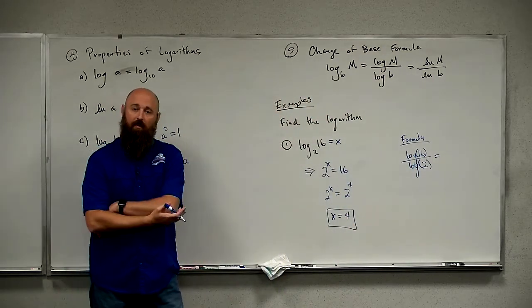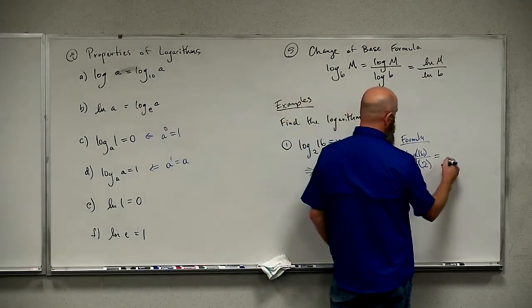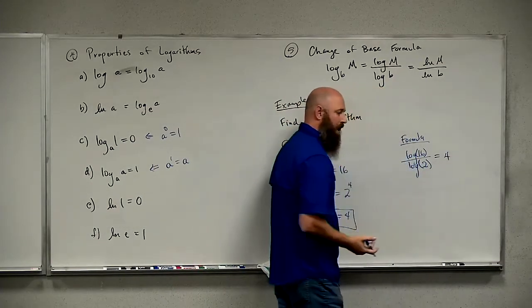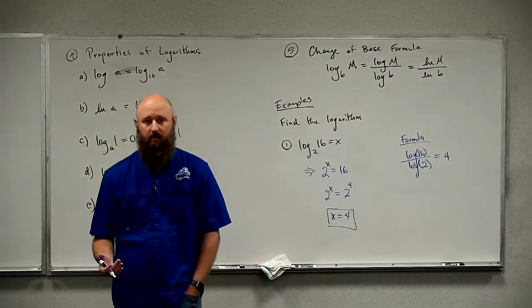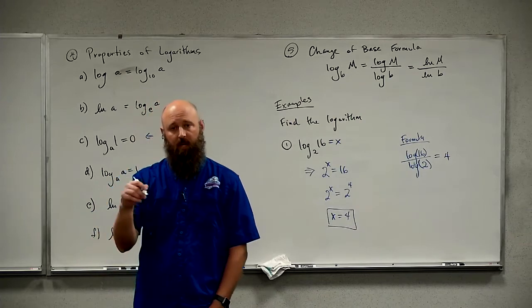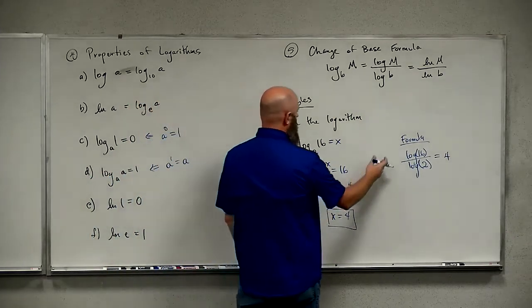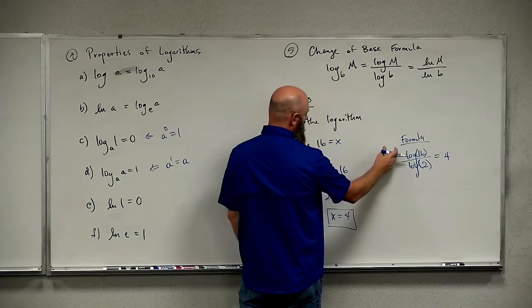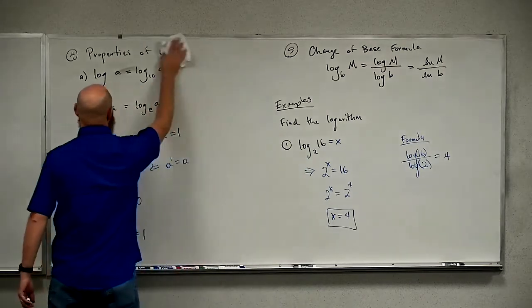If you put it in your calculator and write down this formula and show it, you should get 4 as well. Then we'll get you to the same place. You just have to make sure that you tell me what you're doing in the calculator. I'm doing the formula, so you have to write down your formula if you do that for me. So make sure that you're doing those details.